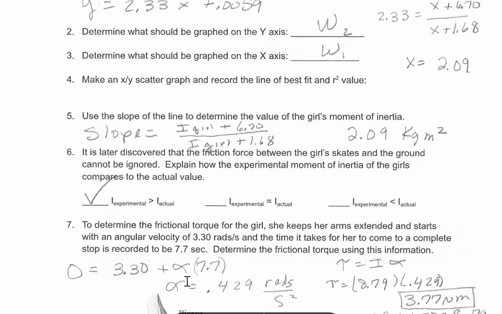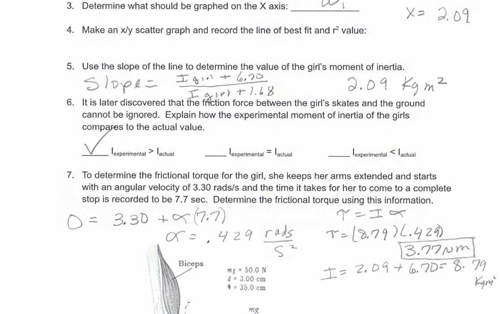And then solving for alpha, we get 0.429 rad per second squared. Now to get the torque for that, torque equals I alpha. So we take the entire moment of inertia of her body plus her arms extended, because this is where her arms are extended, and we multiply it by that angular acceleration to get the torque, which is 3.77 newton meters.